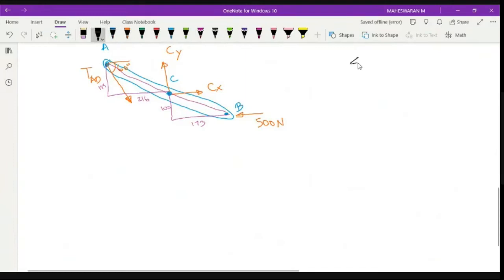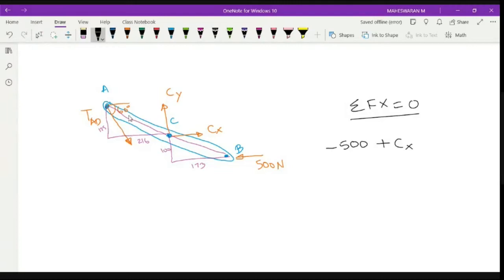So let me say that sigma Fx is equal to 0. I'm going to add all my horizontal forces and equate it to 0. What are my horizontal forces? Let us go one by one. Start from this 500. 500 is in the opposite direction, so minus 500. Then you have Cx, horizontal, plus Cx.